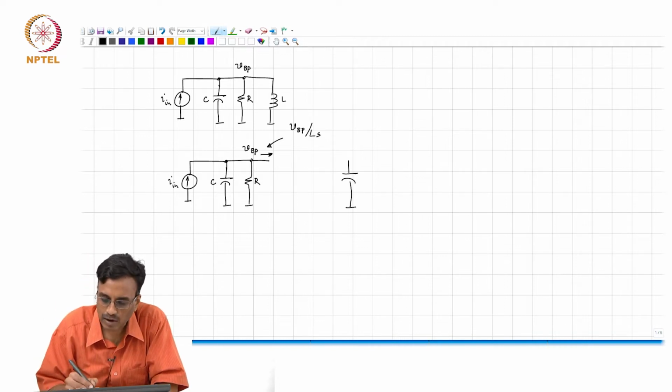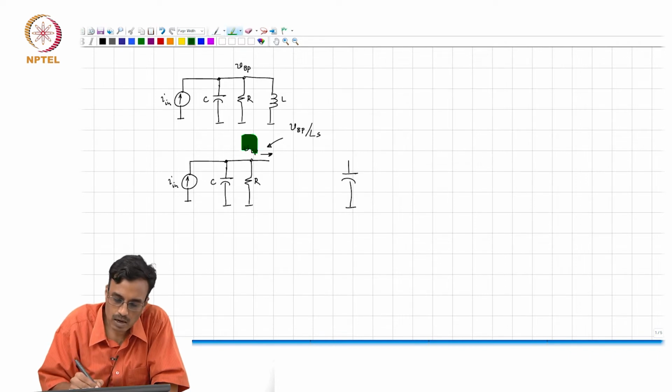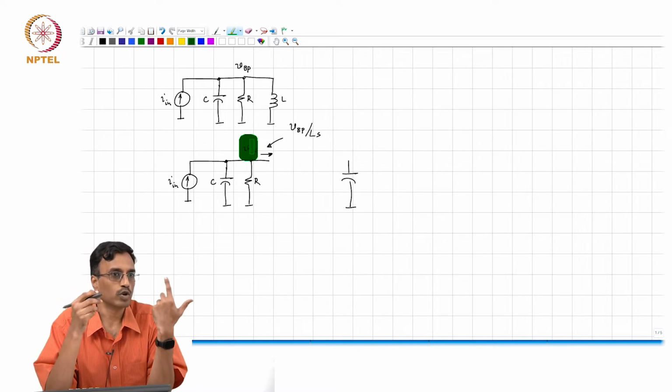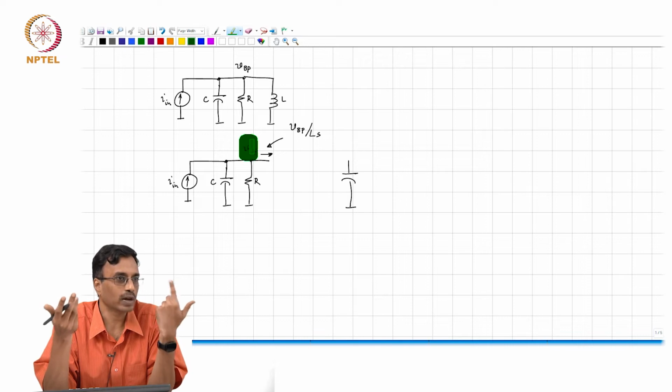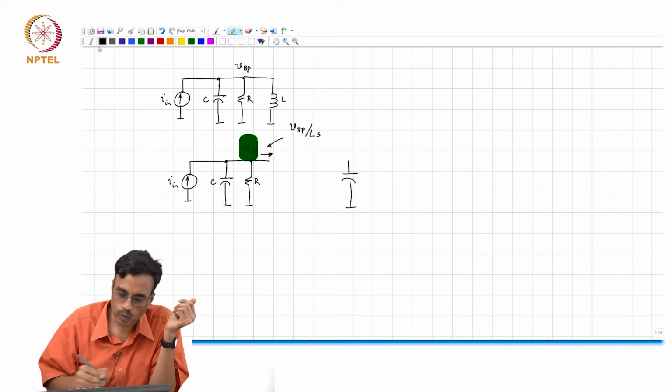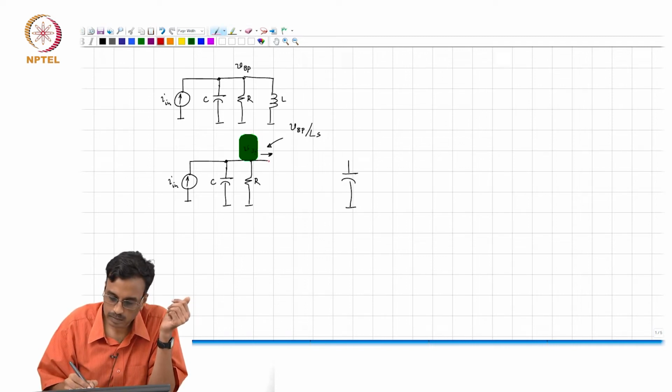So we need to convert this voltage VBP into a current. What kind of controlled source would you use? We have a voltage, we want a current. A voltage controlled current source is what you can use.